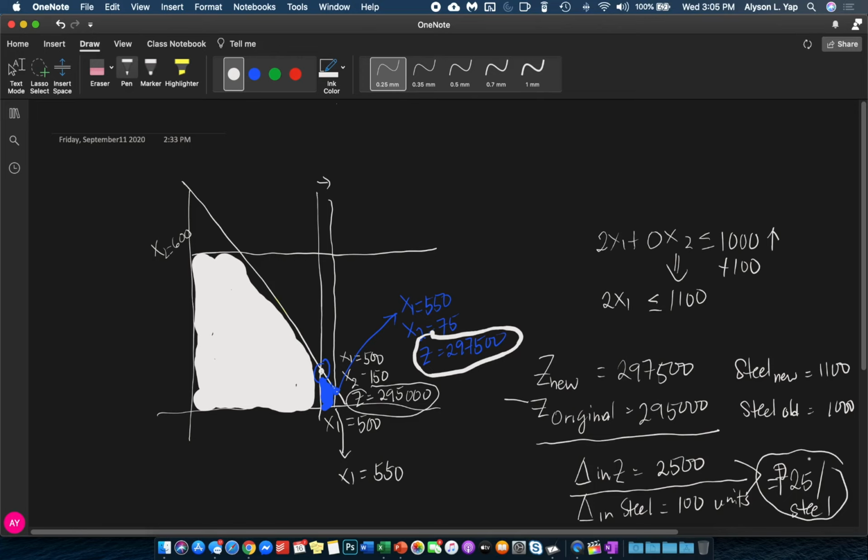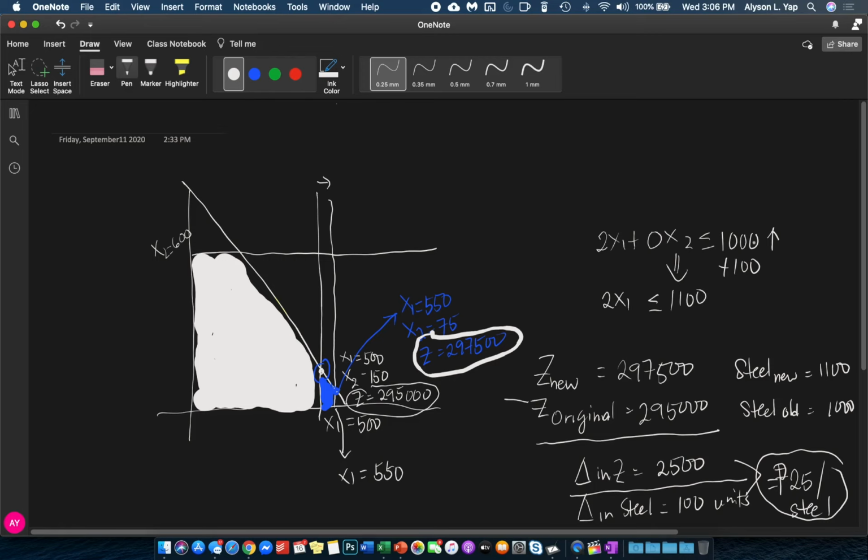So what is this 25 pesos? This 25 pesos tells us that for every unit of steel that you increase from 1,000 up to 1,100, you will be getting an additional profit of 25 pesos per unit. Okay?